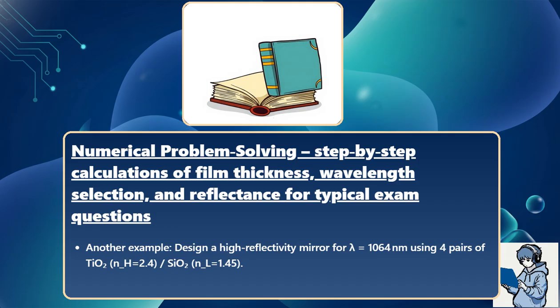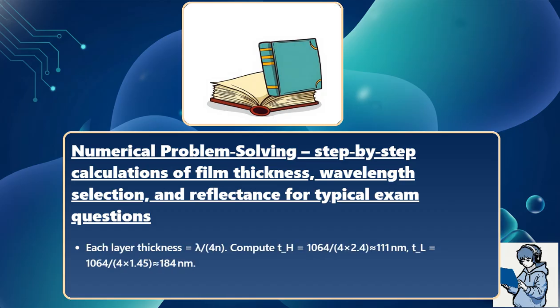Another example. Design a high reflectivity mirror for lambda 1064 nanometers using 4 pairs of titanium dioxide with high index 2.4 and silicon dioxide with low index 1.45. Each layer thickness equals lambda divided by 4n. Compute t high equals 1064 divided by 4 times 2.4, approximately 111 nanometers. t low equals 1064 divided by 4 times 1.45, approximately 184 nanometers.